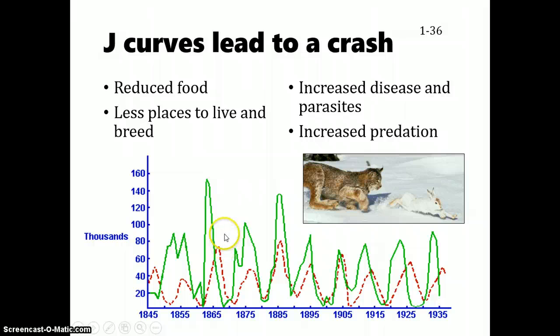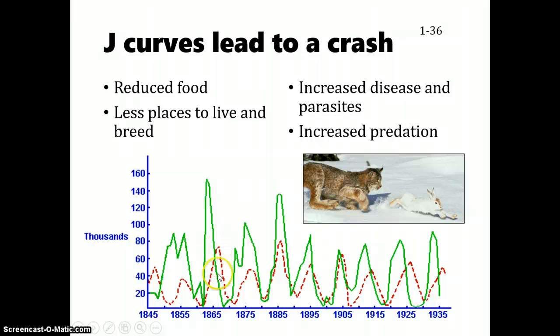They're increasing because, oh, they have more food, they're fat and happy, they can reproduce, their young are fat and happy, they can reproduce, etc. So you see this huge spike in predation, which then leads to the crash of the snowshoe hare.